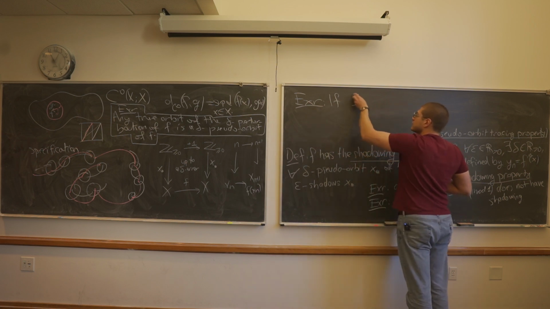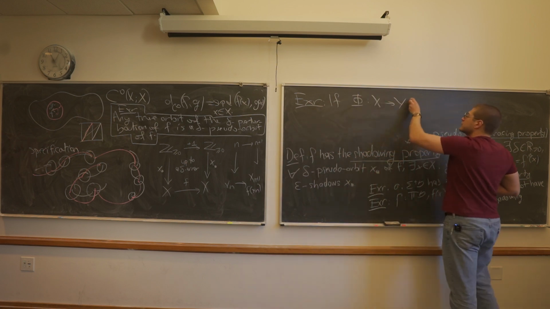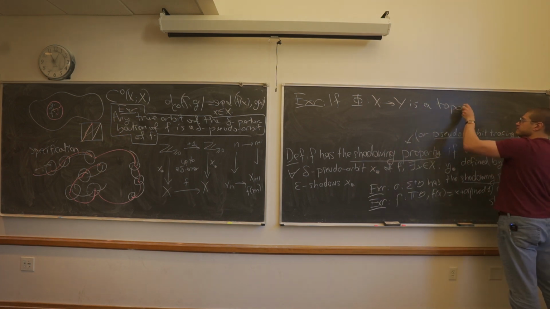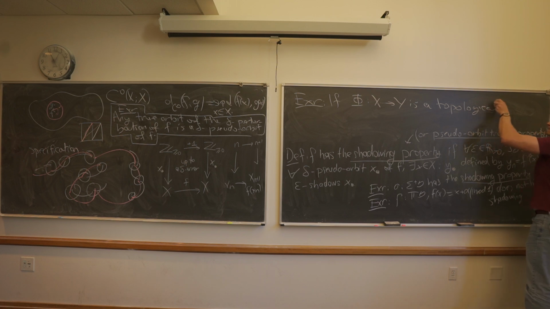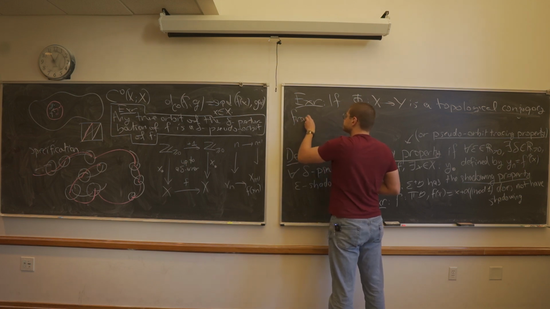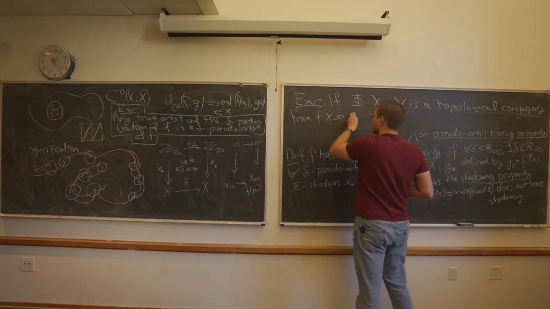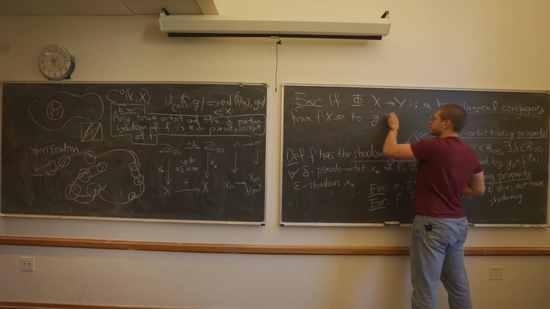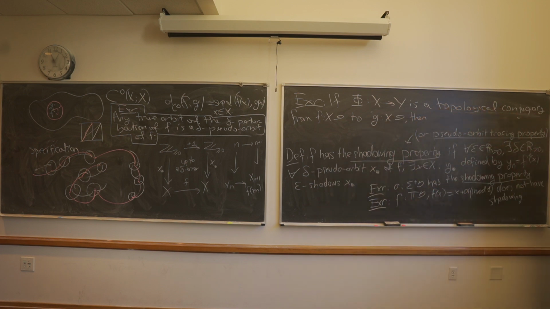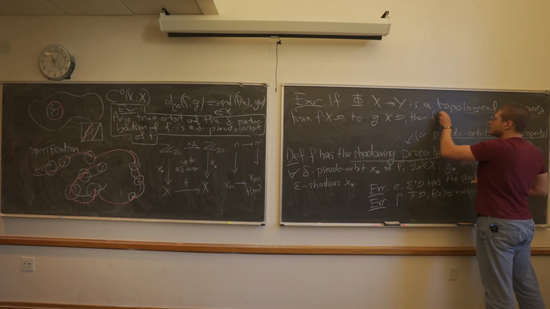If it is a topological conjugacy, so a homeomorphism that conjugates the actions, from F to G, then F has shadowing if and only if G has.